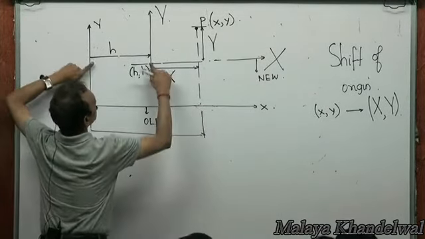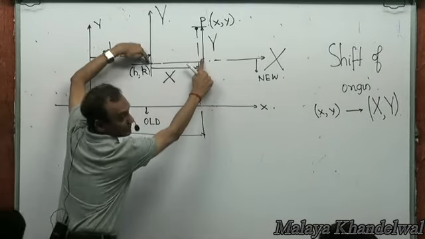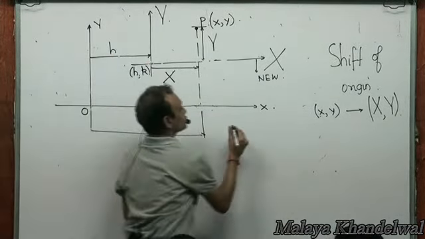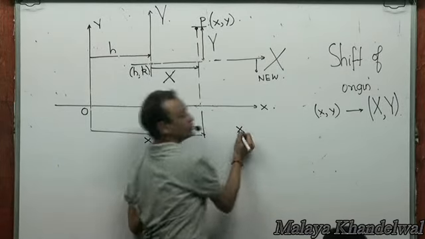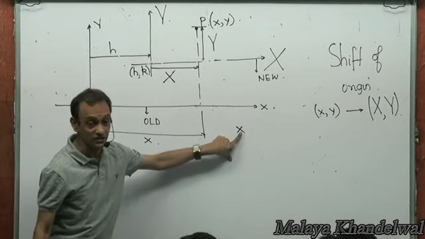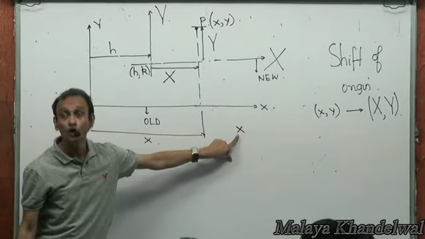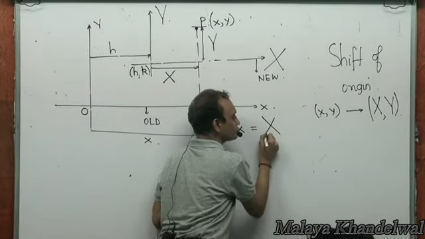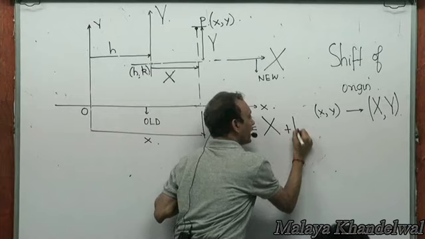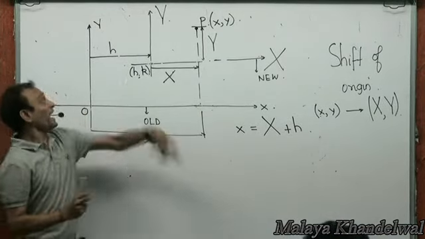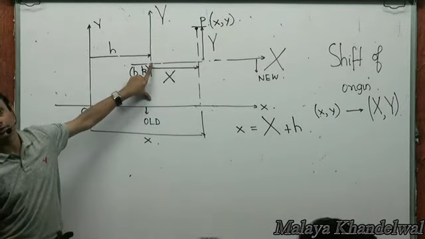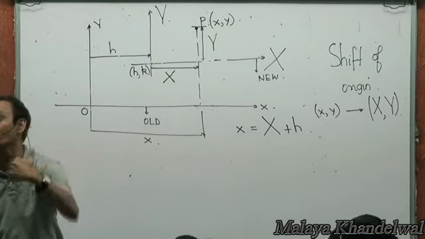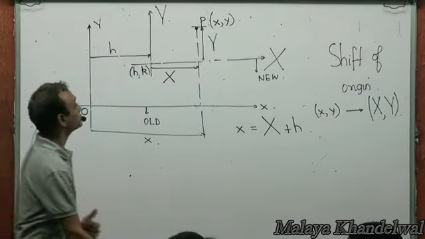So the x coordinate referred to the old axis is going to be the x coordinate referred to the new axis plus h, where h is the x coordinate of the new origin. The origin has been shifted to h comma k, right?